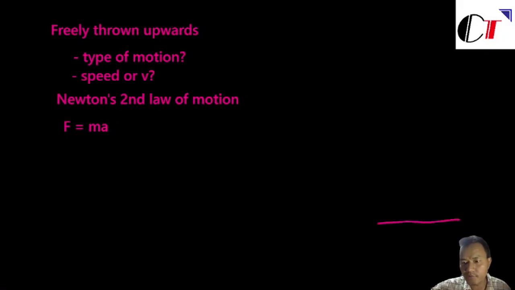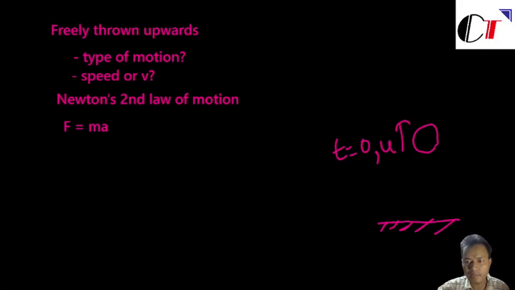And in order to find the forces acting on the system, let's draw again the free body diagram. Let's say that is the ground. Your object is initially at a certain height. So at time t equal to 0, your object is freely thrown against the gravity with the initial velocity u. Remember, for this type of motion, you always have to add some kinetic energy.